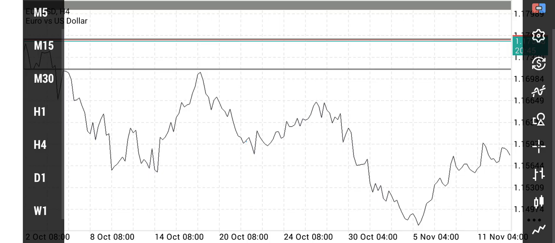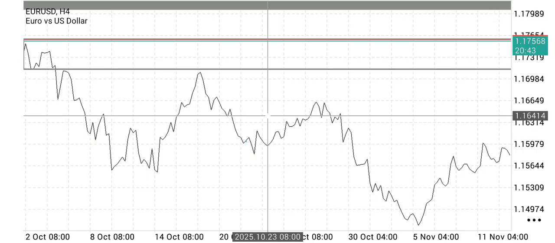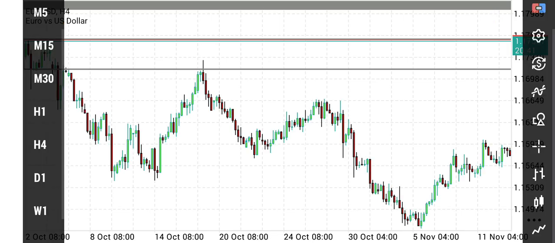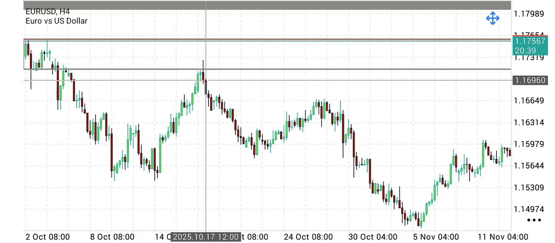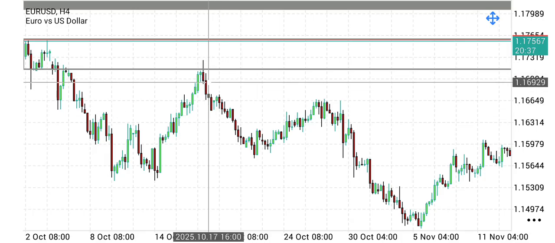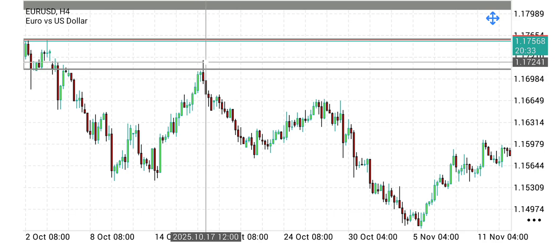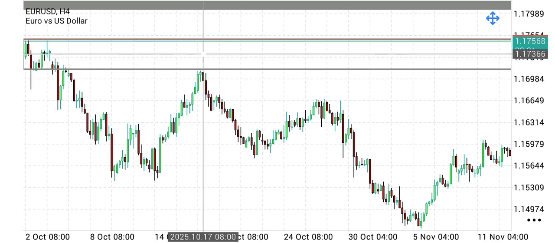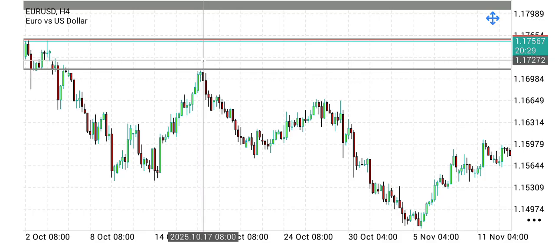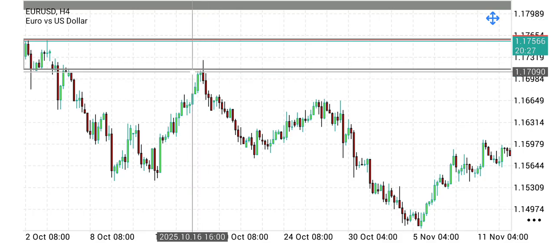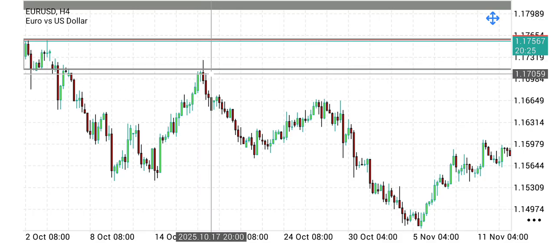And again the market came back to this consolidation box to witness that this consolidation zone is a strong resistance.